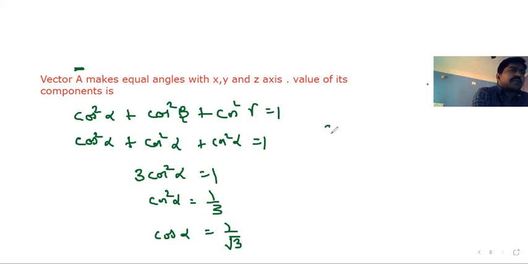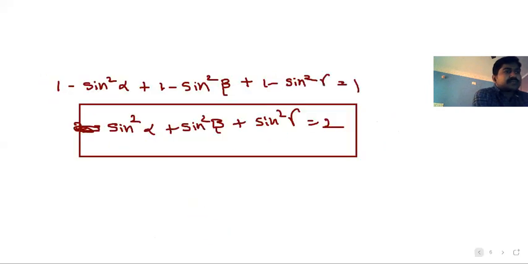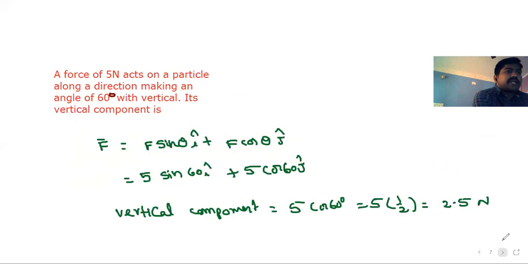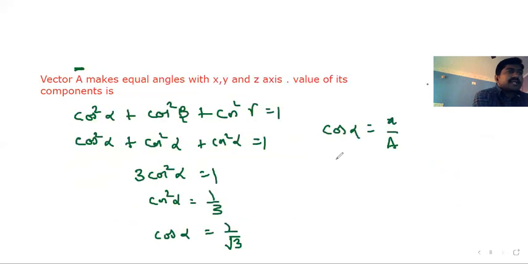What is the formula for cos alpha? Previously we have written that cos alpha is nothing but x component by total vector. Remember, I will just show you that. We have taken cos alpha equal to x by a, cos beta equal to y by a, like that. Since cos alpha equal to x by a, we can write x equal to a cos alpha.